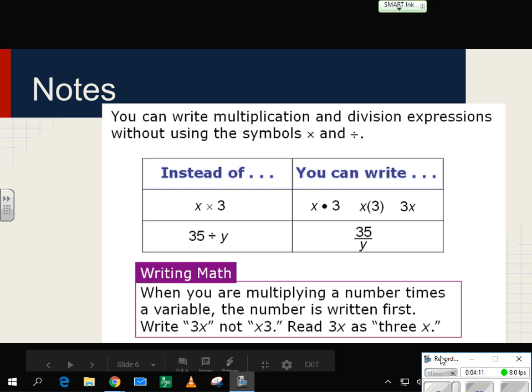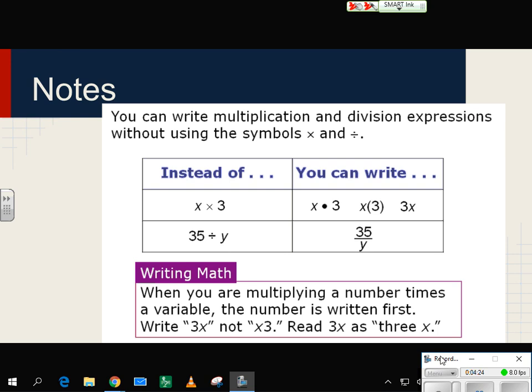Last set of notes I have for you today. All you have to note about these is different ways that you're going to see multiplying and dividing written. So if you look at x3, that can get confusing. Well, it means x times 3 with our variable and our constant. These are the ways you're going to see them. X with a dot, you're going to see that a lot, and you're going to see this one, 3x, where you put the number next to a letter. That means you're multiplying.